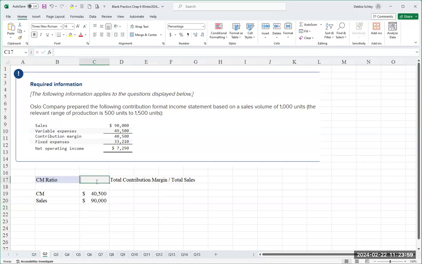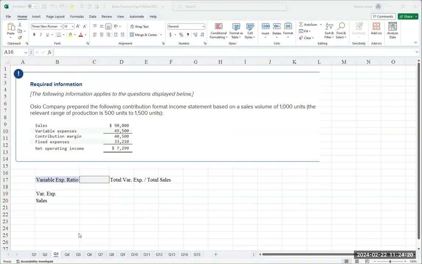So I'm going to go equals contribution margin divided by total sales. And that is going to be a percent. And I believe it's just going to be the 45. You don't have to do the decimal.